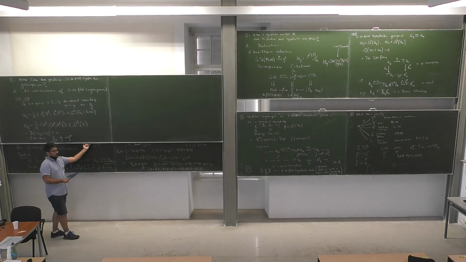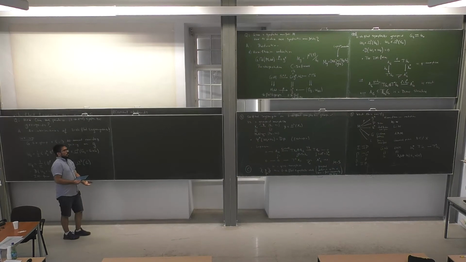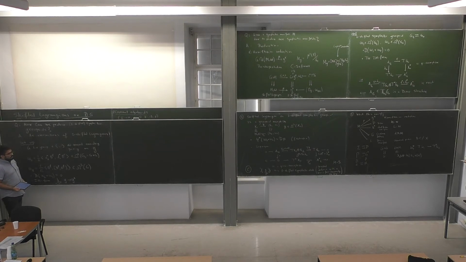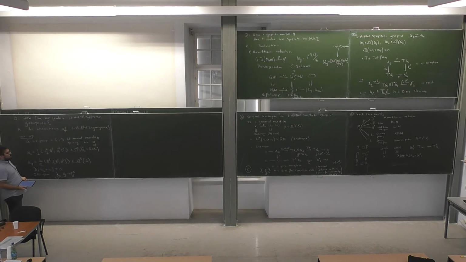Okay? And so why am I calling this BG? Because the stack that this groupoid represents is exactly BG, the principal bundles over G. You can think, if you want, that this shifted form on the groupoid represents a shifted form on the stack.